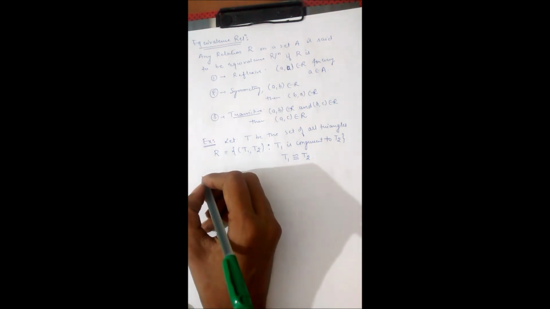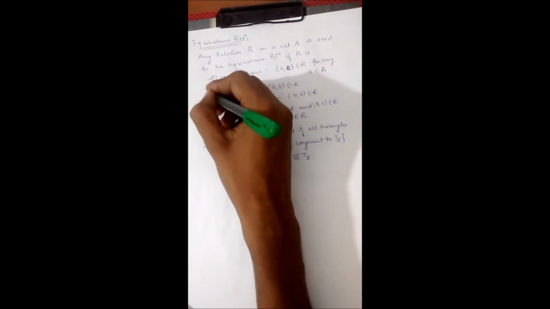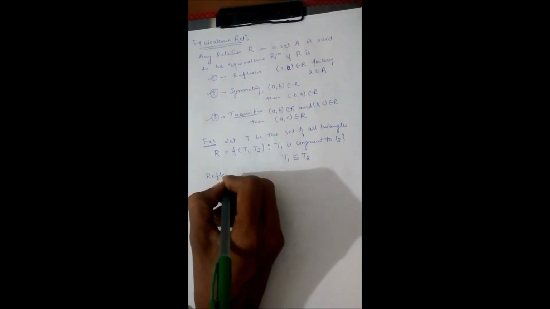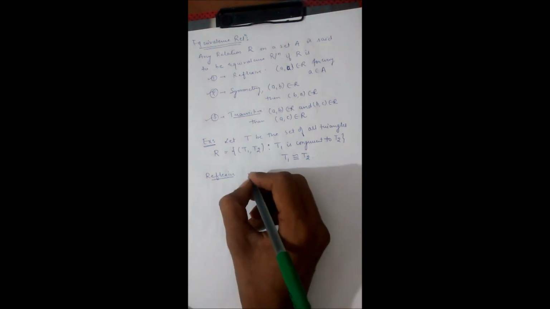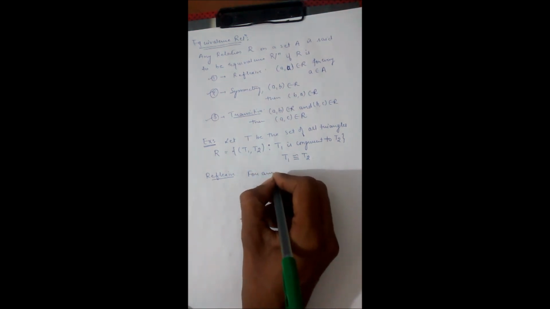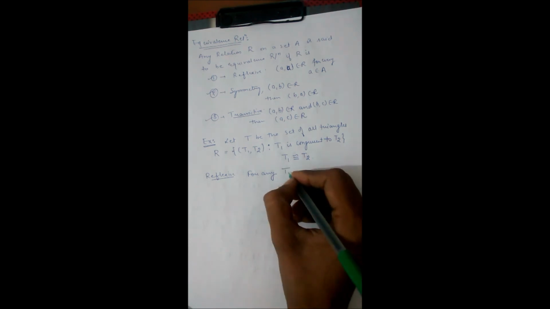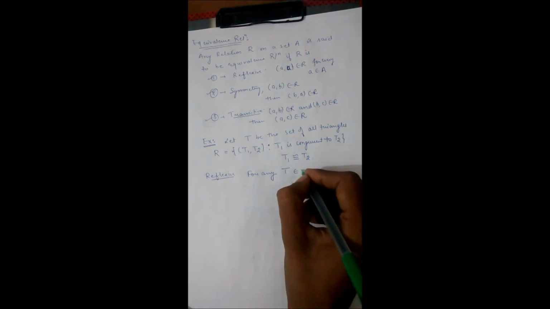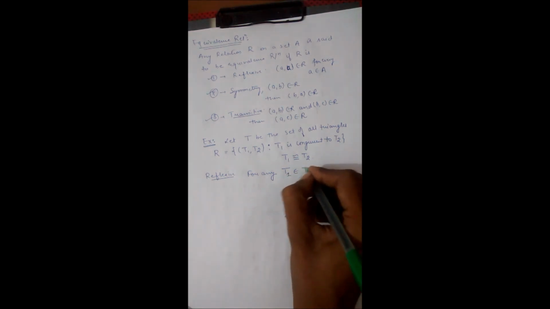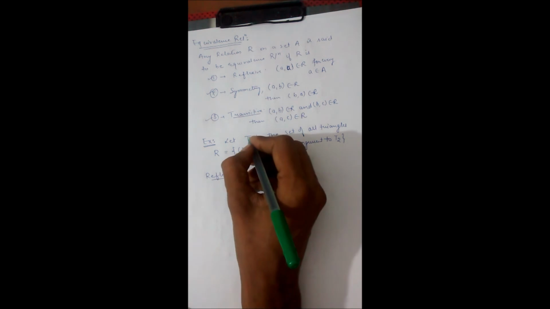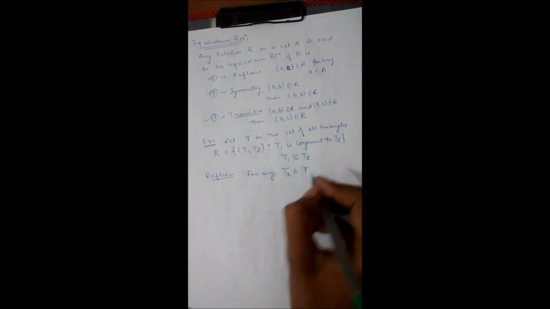To make this an equivalence relation, it needs to satisfy 3 conditions, that are reflexive, symmetric and transitive. So we'll check our first condition, that is reflexive. Now for any triangle T1 belonging to the set T, we can make it a little bold like this.